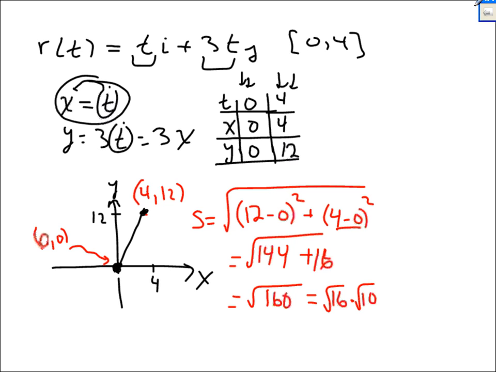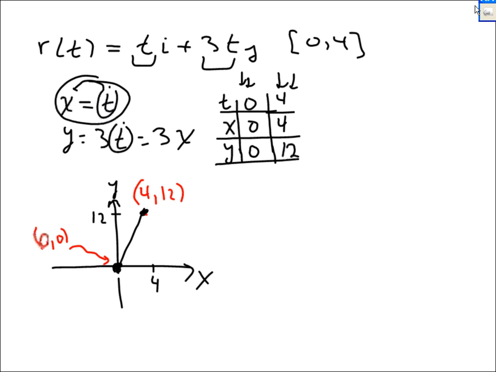So it's the square root of each of them. The square root of 16 is 4, and the square root of 10, I don't know. So the length is 4 square root of 10. That is one way to do it. In fact, that's the way I think you should do it.